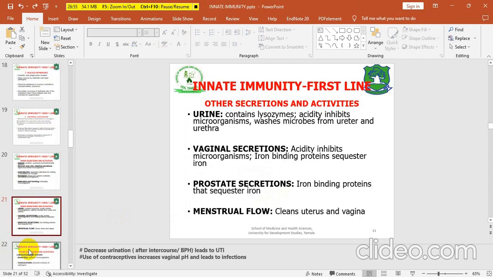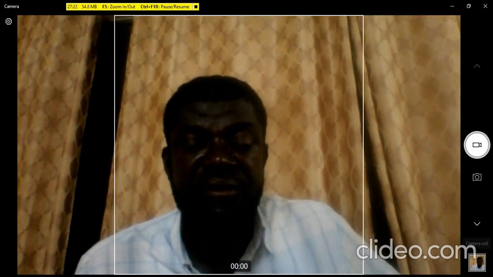Okay, so let's look at the urine. All these are innate immunity, or first line. The urine contains lysozymes. The acidity of the urine inhibits microorganisms and washes microbes from the ureter and urethra. Vaginal secretions: the ladies are blessed because the vagina is acidic.